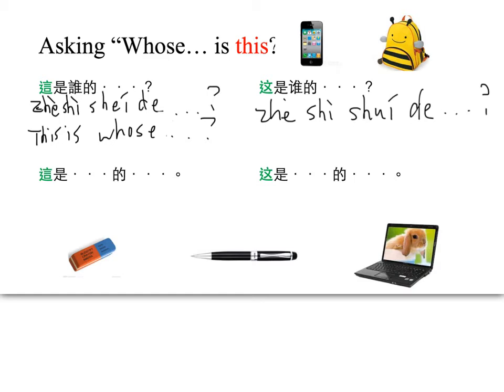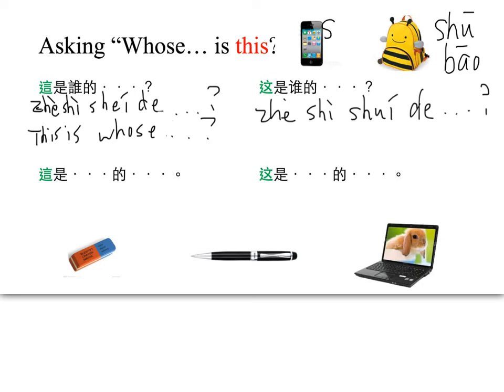So how do you say whose iPhone is this again? 这是谁的 iPhone? How do you say whose backpack is this? How do you say backpack again? Backpack 是书包. So how do you ask that again? 这是谁的书包？Now, if you want to say, hey, that's mine, how do you say that? Okay, so how do you say cell phone?